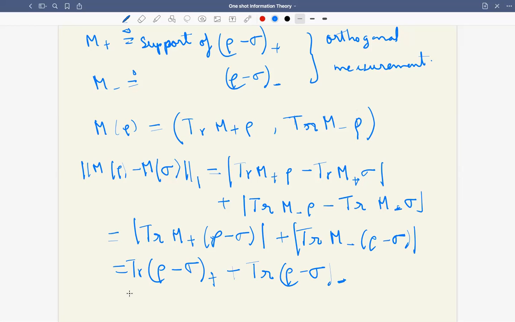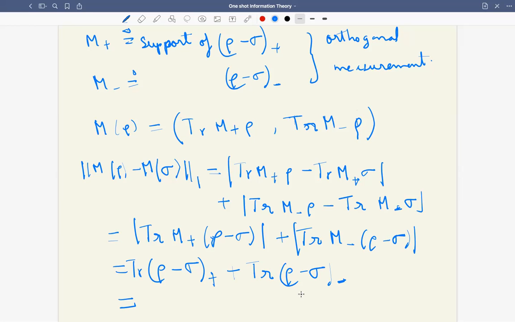So remember, rho minus sigma subscript minus was a positive semi-definite matrix. So what have I done? I've taken the matrix rho minus sigma. The positive eigenvalues remain the same, and the negative eigenvalues I've just converted to positive. So in other words, I've taken the absolute values of all the eigenvalues. Or in other words, these are the singular values.